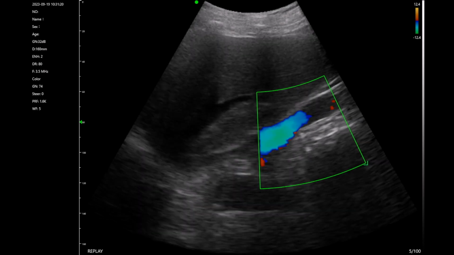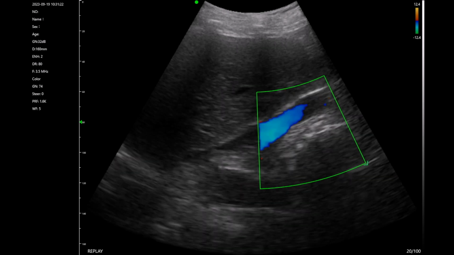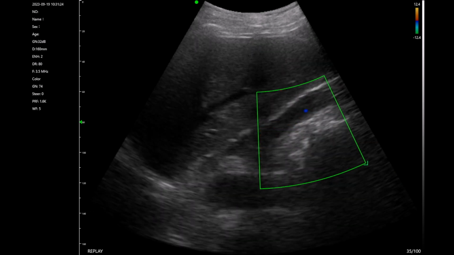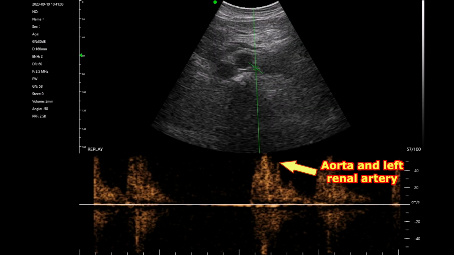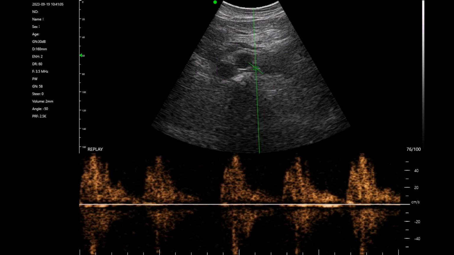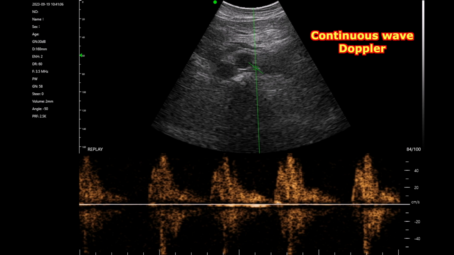Both renal arteries were examined, and a continuous wave Doppler test applied on the left renal artery. The flow was normally triphasic, with a maximum velocity of 50 centimeters per second and a clear diastolic flow visible. Therefore, the flow downstream was not resistant, as would be expected in nephrosclerosis.